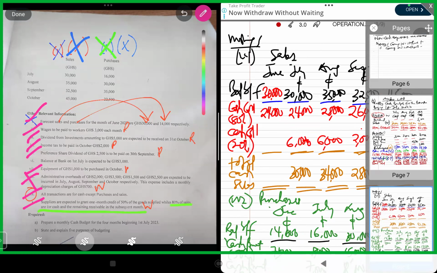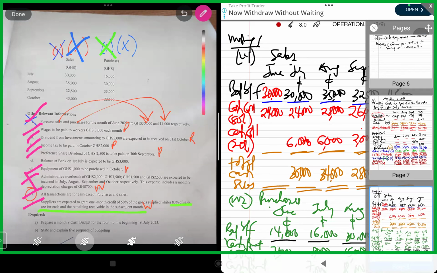Then we went on with purchases. Purchases also, which month? Because the purchases balances were all combinations of cash and credit purchases. So what policy do the suppliers have in terms of their credit policy? We learned that the suppliers were giving the business 1 month credit of 50%.